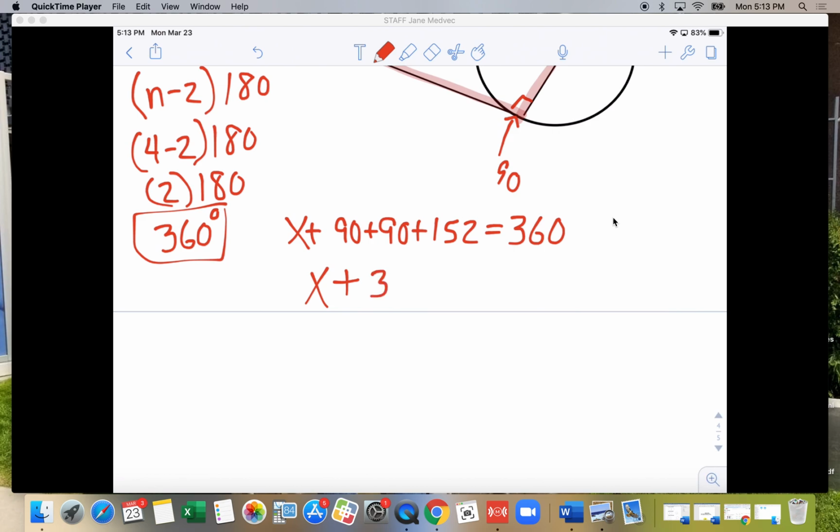I got 332. Subtract 332 from 360, and x equals 28 degrees.